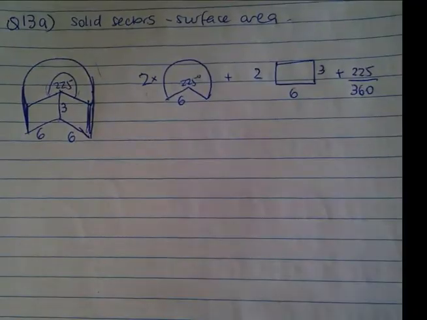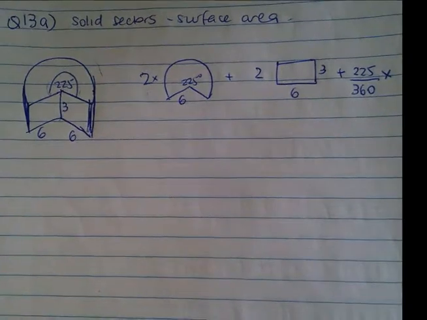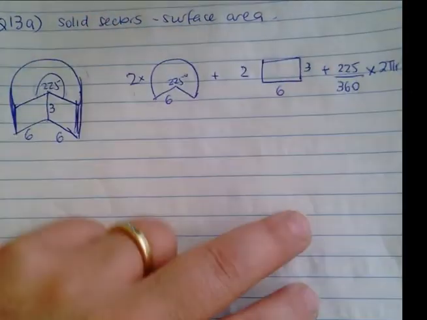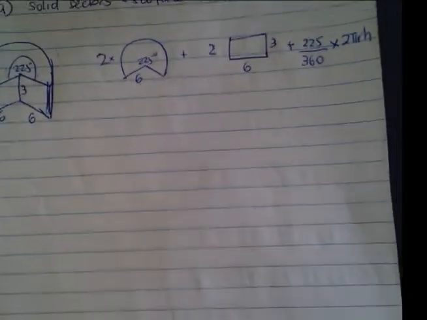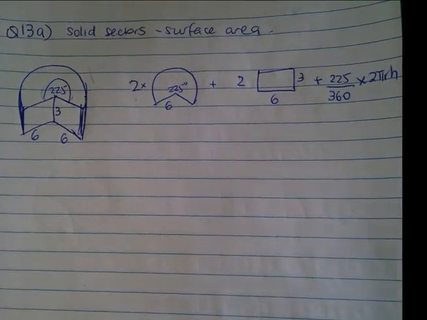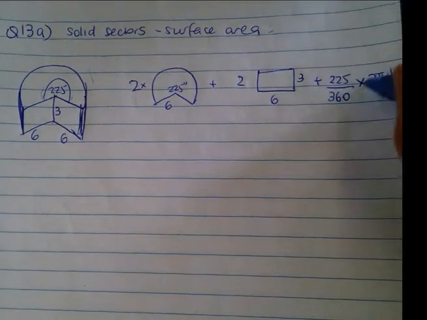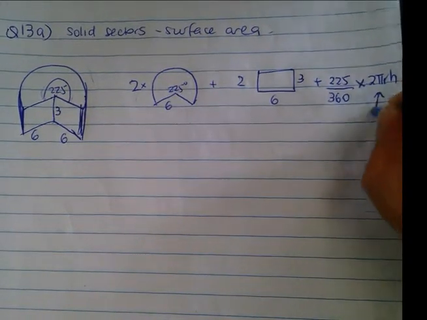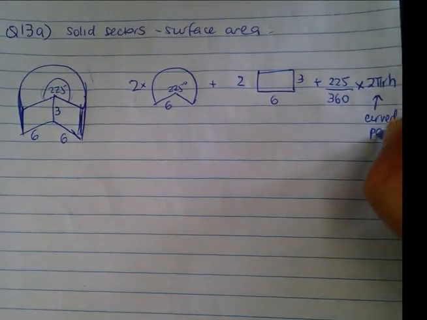That's the fraction of the curved surface you've got, times the formula for the curved surface, 2 pi rh. So it's pretty much the same as finding the area of a sector, but it's that fraction of the 2 pi rh, which is the curved part.